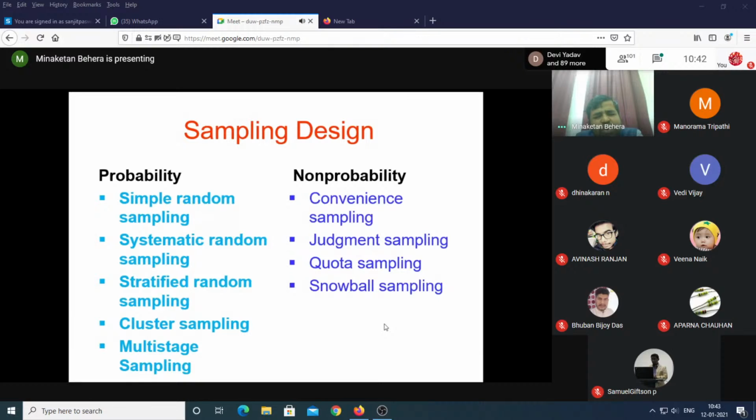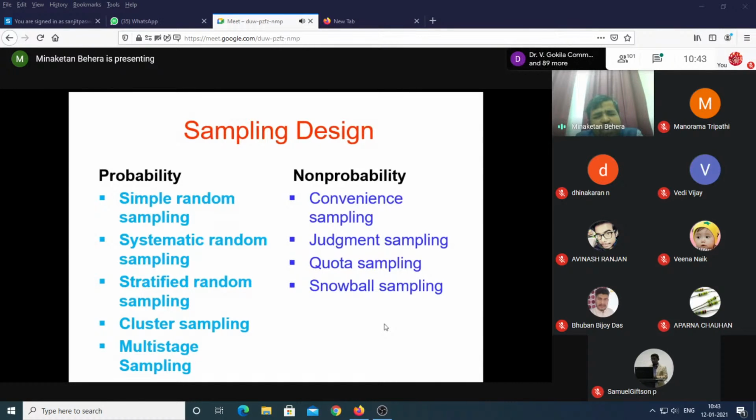No, you can apply a combination of these five if you are using them. Maybe you can combine probability and non-probability sampling. I will come to this. Now this first part is over. The second part, which many students ask about, is non-probability sampling.